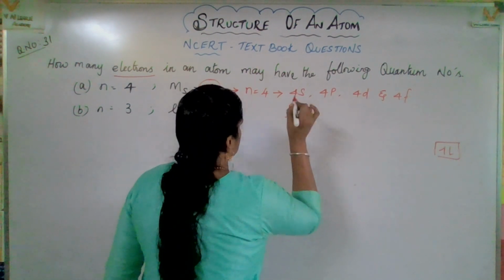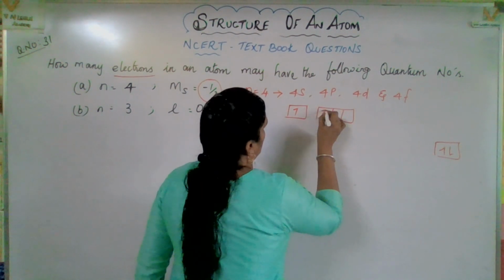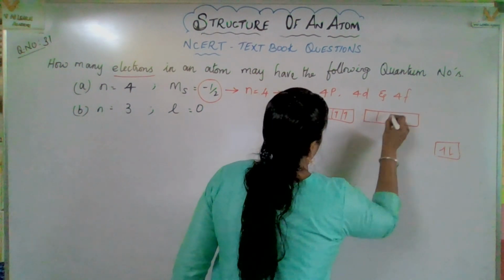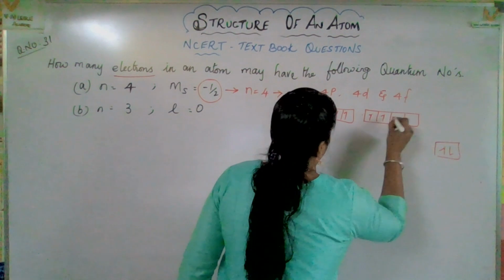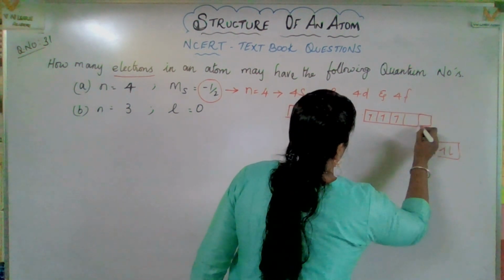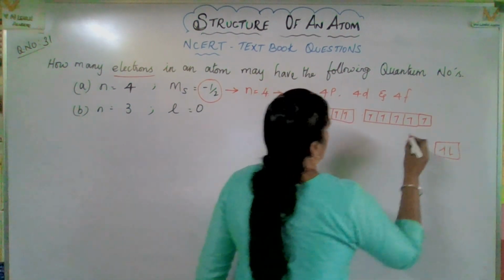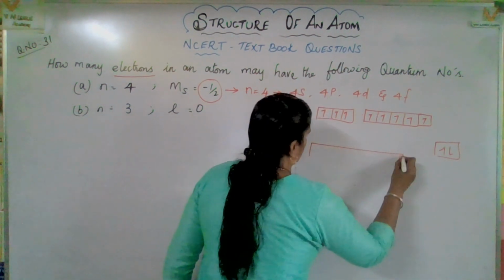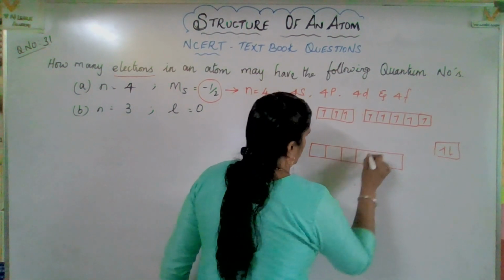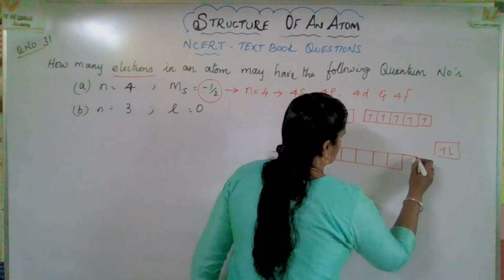That means one for the s orbital, three compartments for the p orbital, five compartments for the d orbital, and seven compartments for the 4f orbital.